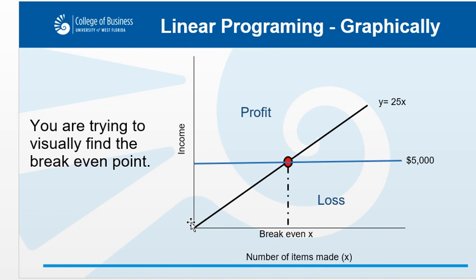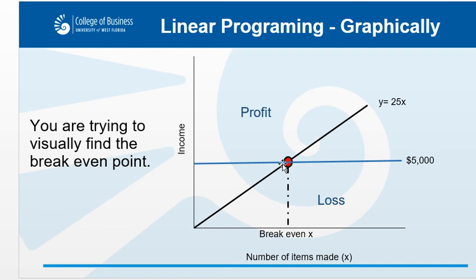However, I haven't made a profit yet, right? Because if I draw another line in here at $5,000, this is the amount of money that I put into setup cost. This is my equation for profit equals $25 times every item that I make.